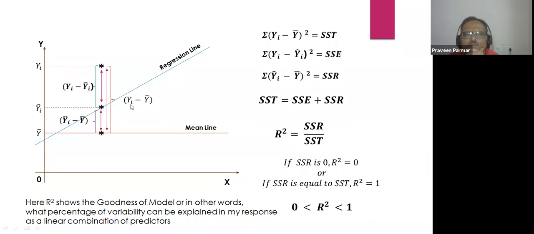And this is the residual we have: y cap minus y bar, the square of this. It is the sum of square of residuals. So always SST, the sum of square of total, is equal to the sum of square of residual and the sum of square of error. Does that make sense to you?